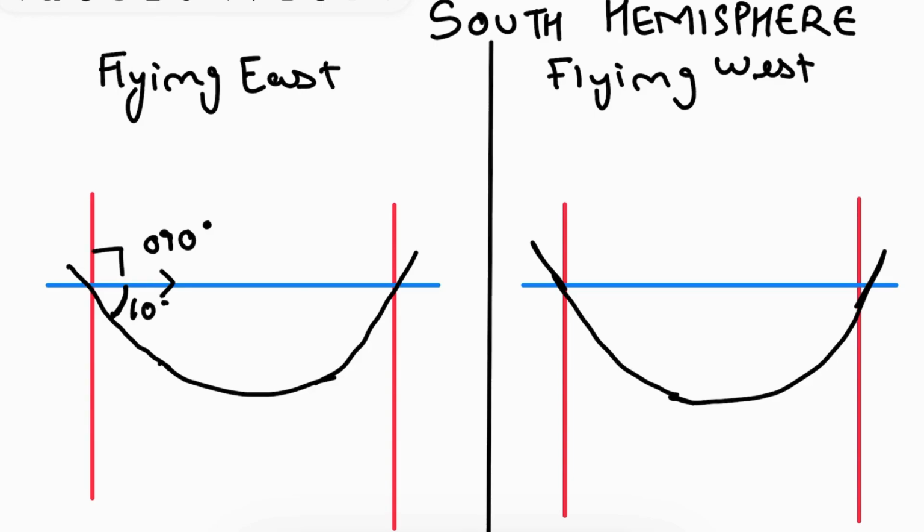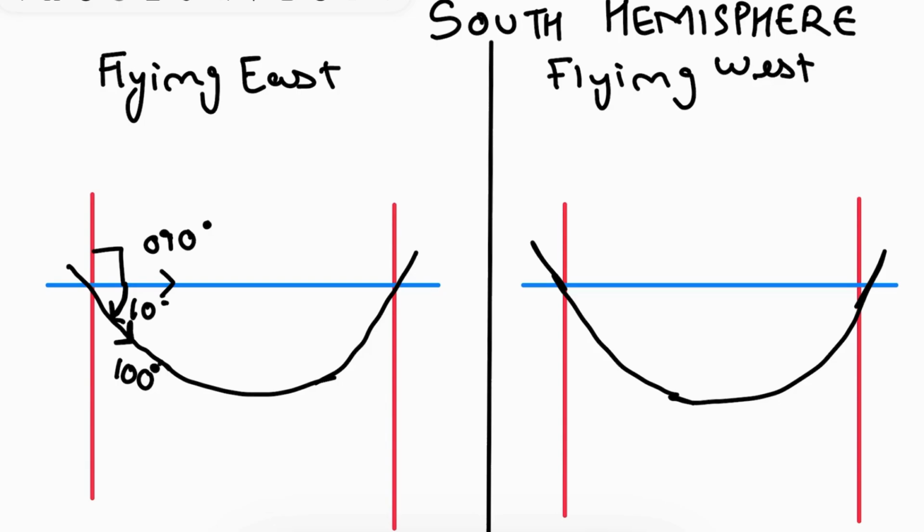So this is the angle 090 and this is the conversion angle 10 degrees. So this great circle is going to be 100, because in the south hemisphere, the great circle is towards its pole, which is below the rhumb line.